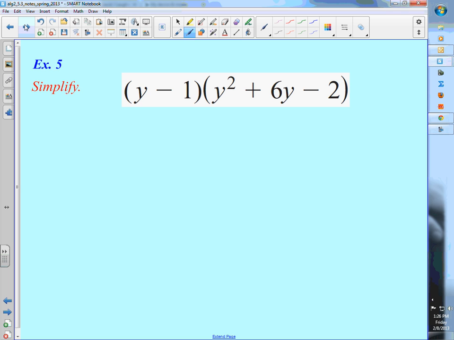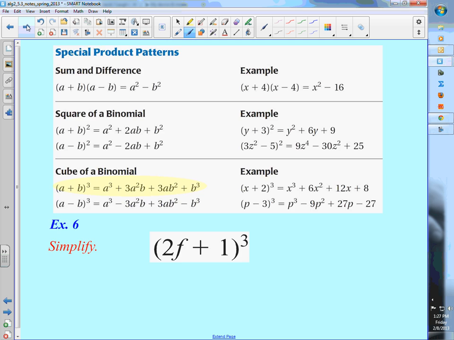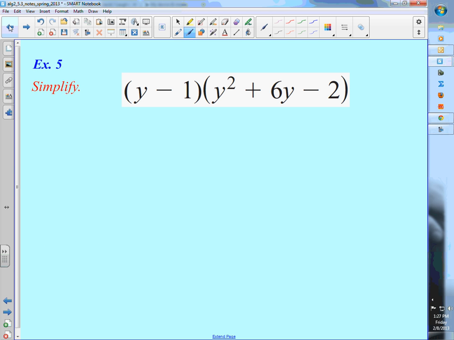Now here's where things start to get messy. And you have two choices on how to handle this problem. So I'll show you both ways. You do whatever you want. The first way I call double distributing. So we're going to distribute the y first, like this.